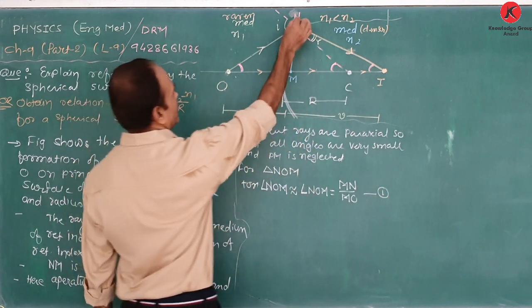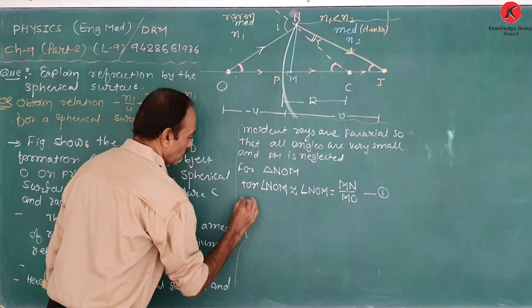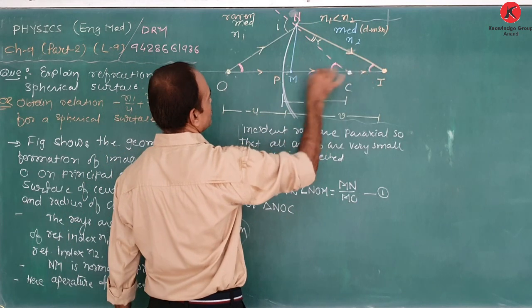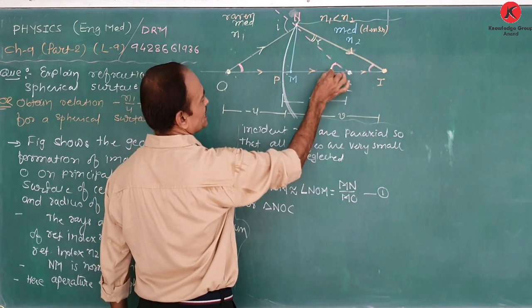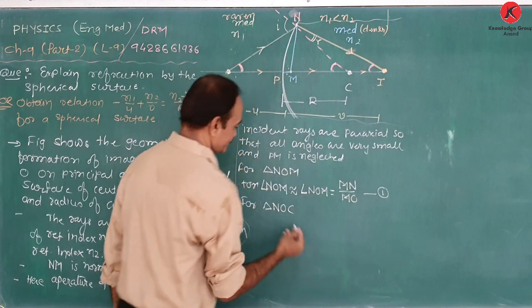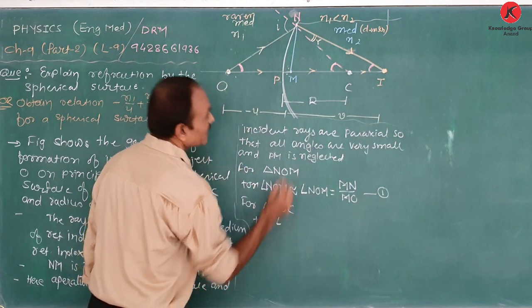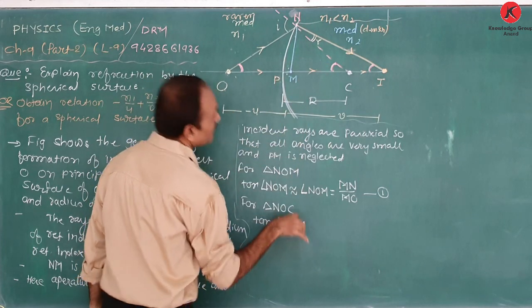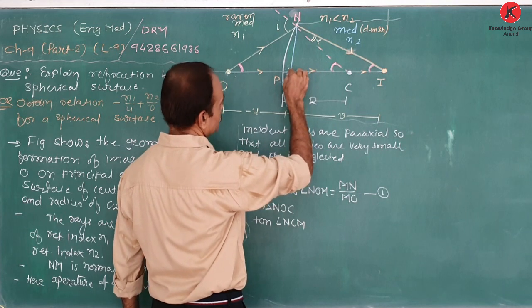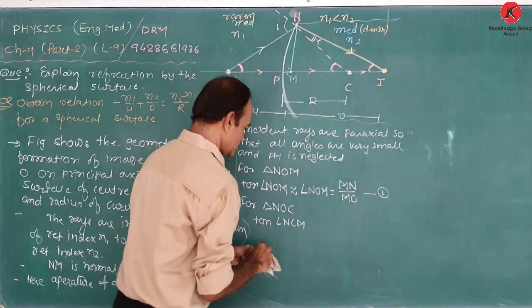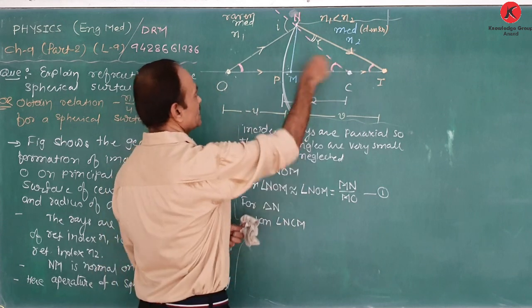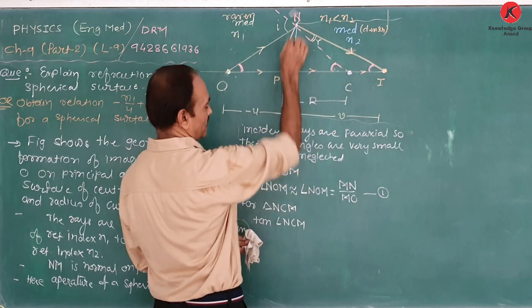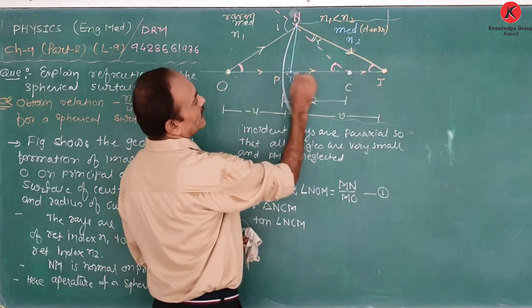Now, the second triangle, NCM. Again, the tangent of this angle is the opposite over the adjacent, MN upon MC.